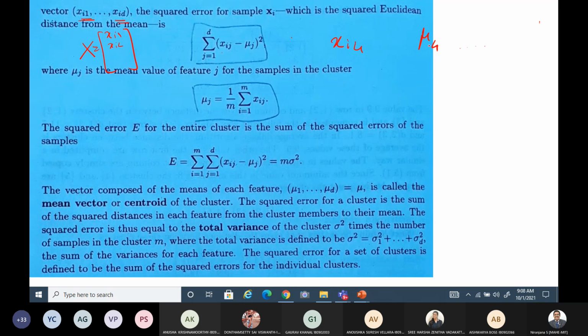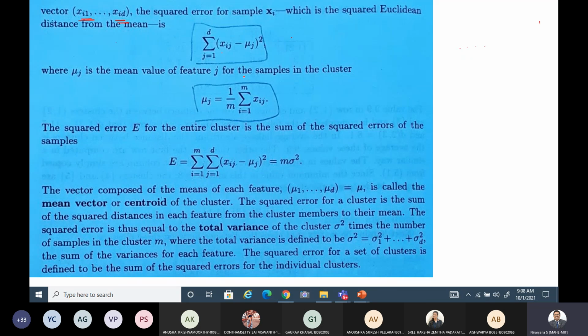So you will have the summation of j equal to 1 to d. If you calculate (xij minus mu j) whole squared, it is nothing but the squared error value in this space. So with respect to each feature we are talking about here.